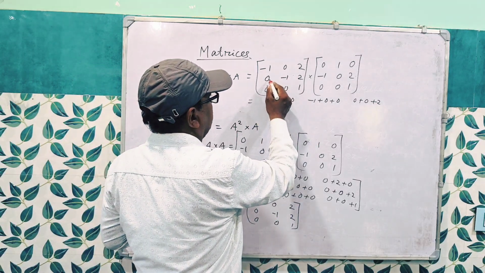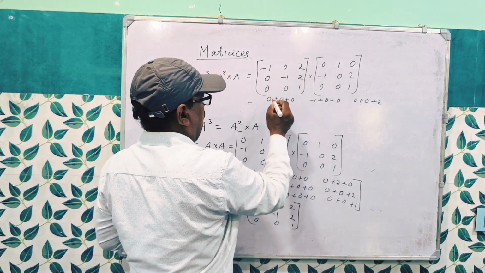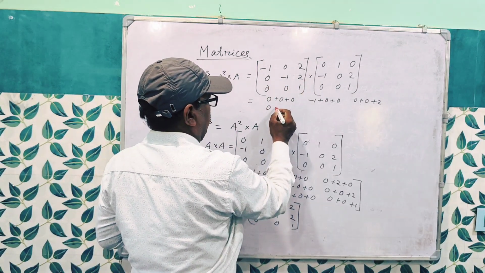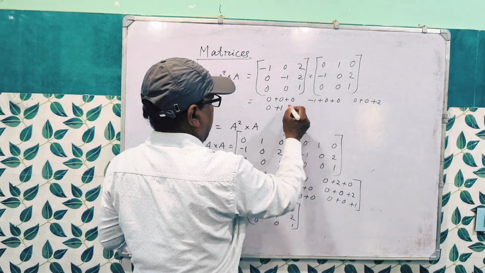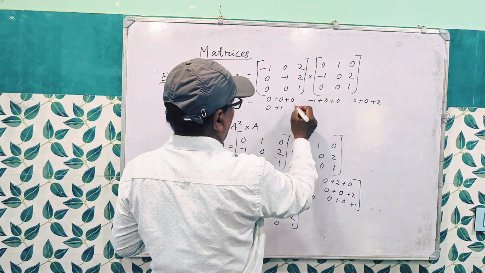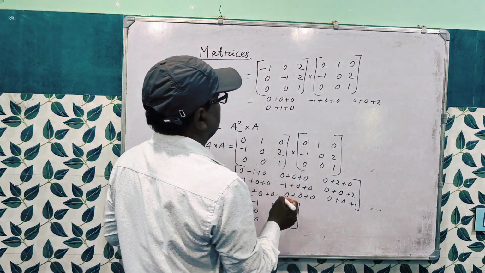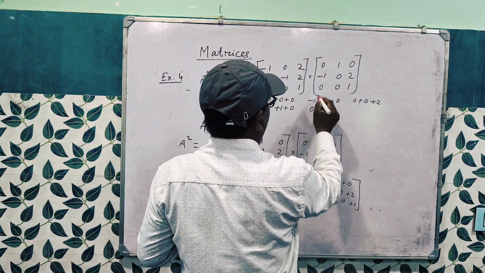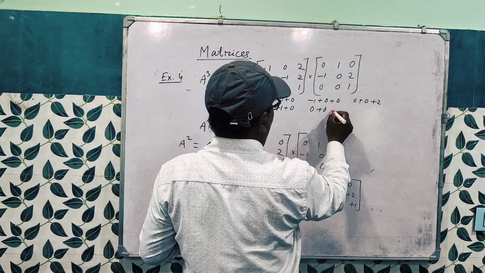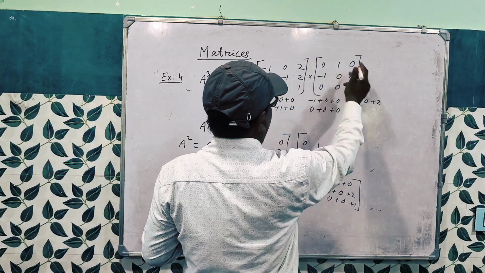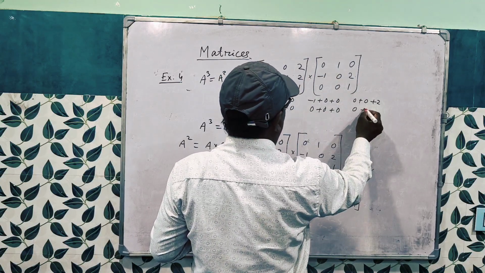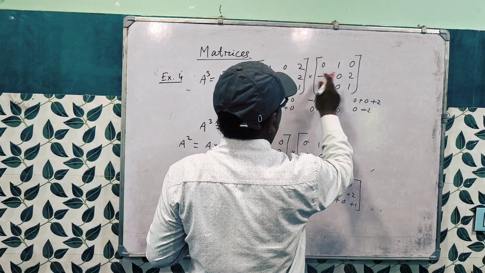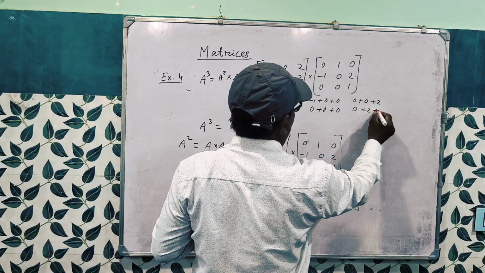Again, second row, first column: 0, plus 1, minus 1 into minus 1 plus 1, 2 into 0, 0. Then second row, second column: 0, plus 0, plus 0. Then second row, third column: 0, plus minus 2, plus 2.